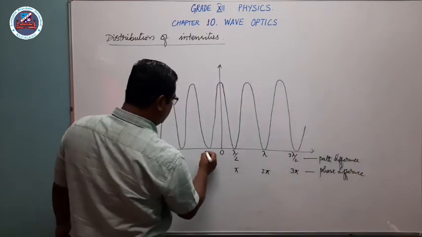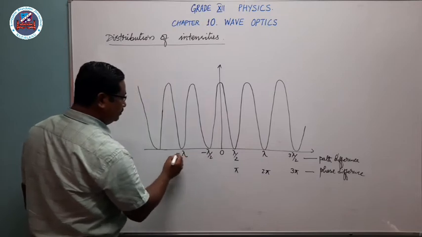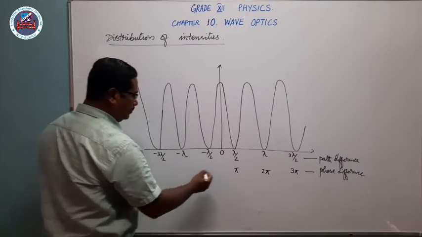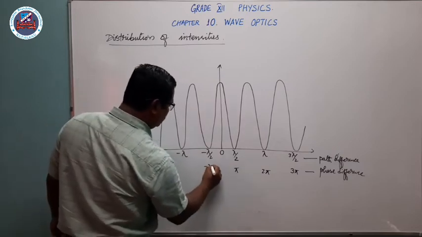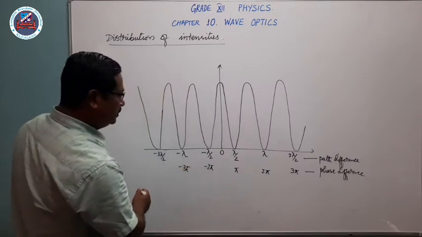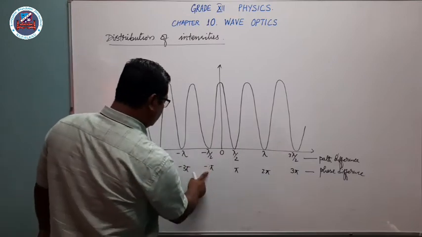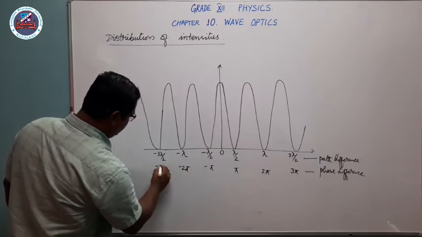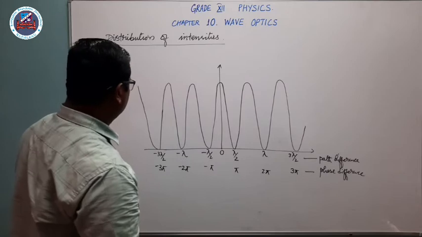Similarly, this side will be minus lambda by 2, minus lambda, minus 3 lambda by 2 in terms of path difference, and in terms of phase difference, minus pi, minus 2 pi, minus 3 pi, and so on.